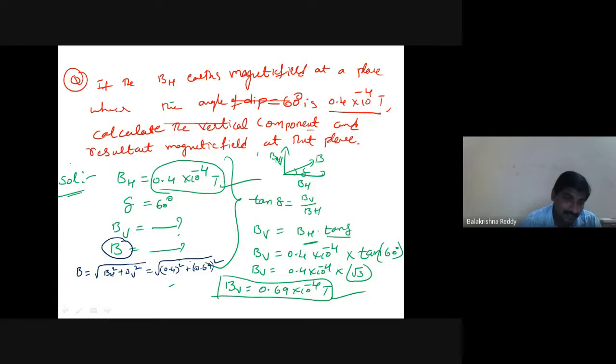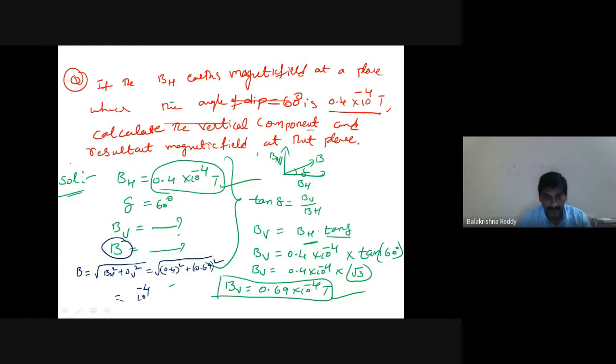If I take 10 to the power minus 4 common, the 10 to the power minus 8 becomes 10 to the power minus 4 after the square root.